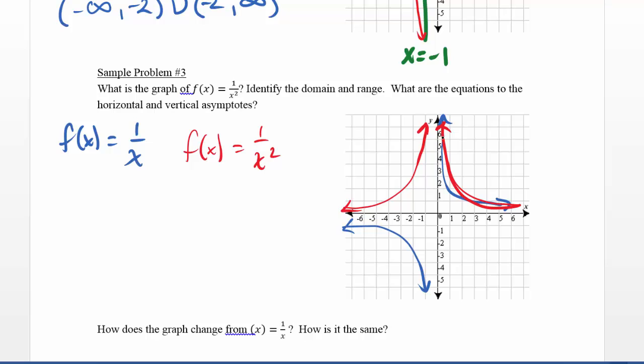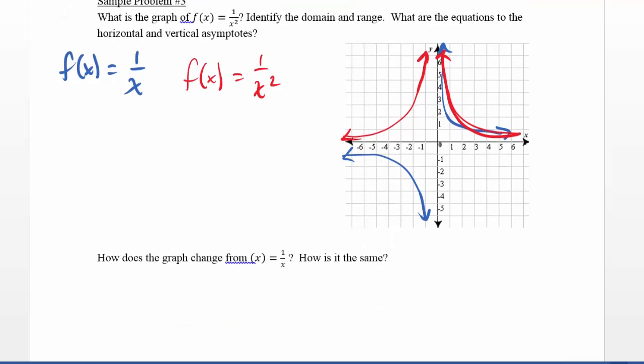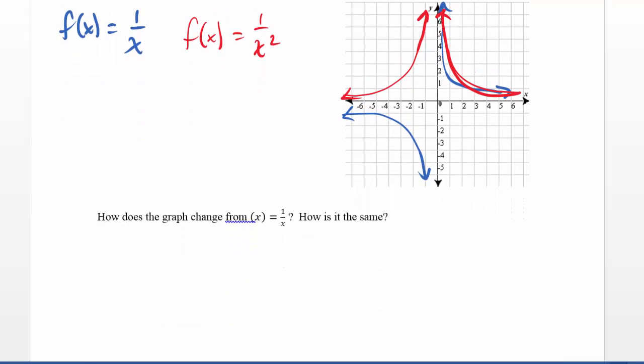It flips the left-hand side, and so we can see that the domain and range are similar, and the vertical and horizontal asymptotes are similar. We just get this flipped version of the negative values, and so you can see how does that change from f of x equals 1 over x. How is it the same?